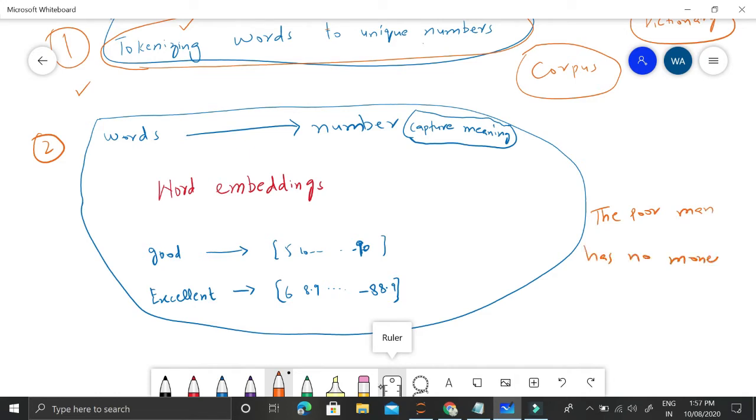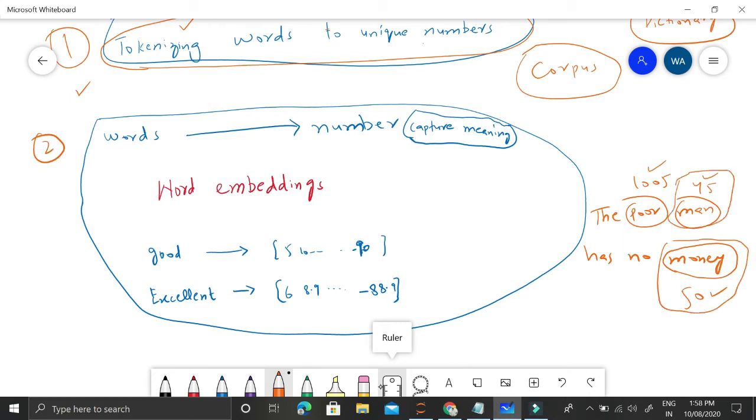Now, this whole sentence makes sense, but the individual word, if it is mapped randomly to a single integer number, say money to 50, man to 45, poor to 1005, all of these numbers individually do not make any sense. They do not capture the meaning of this word money, or this man, or this poor. So how do we capture the meaning?